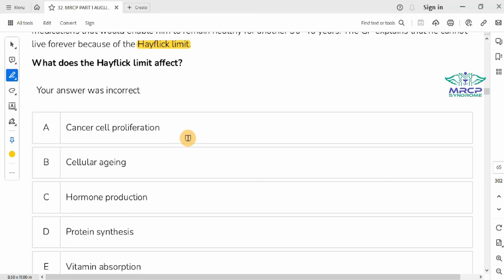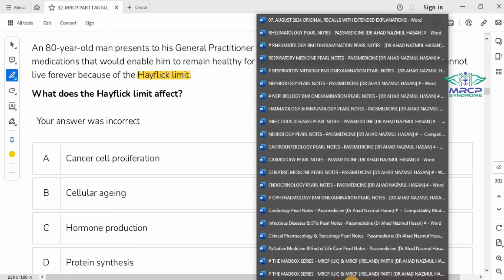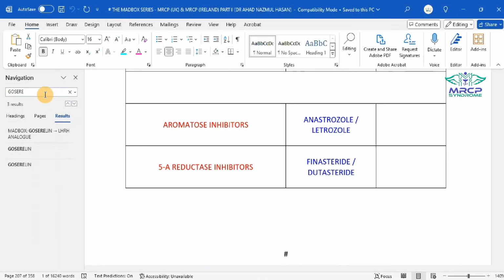Cellular aging. So what is meant by the Hayflick limit?